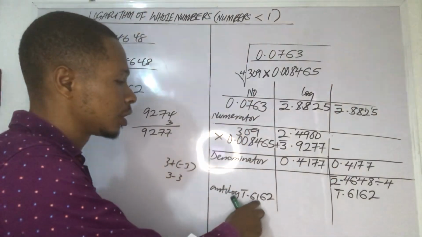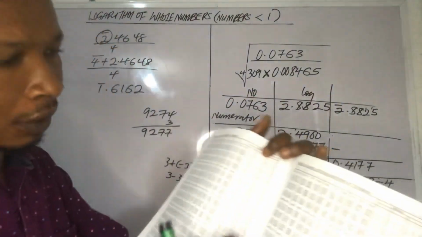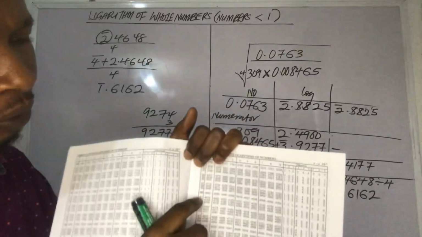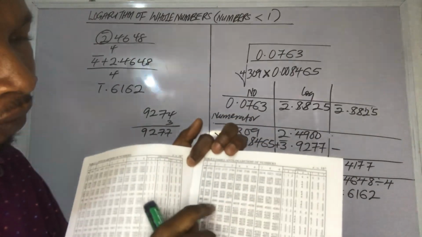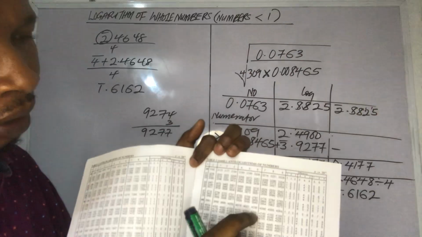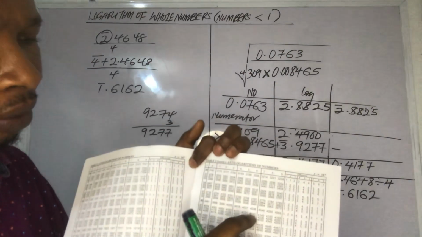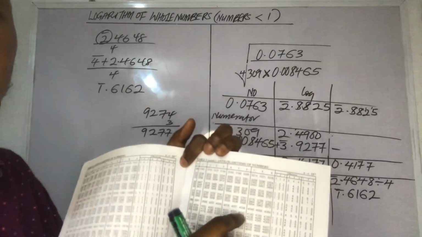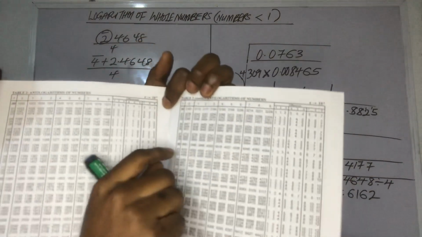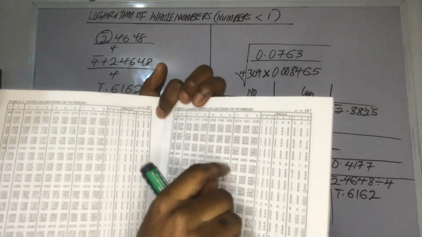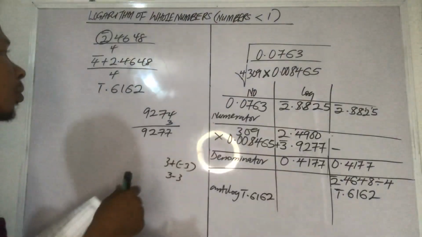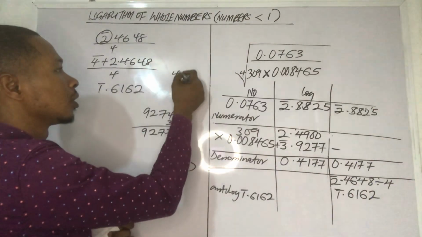So check 0.61 under 6 first. 0.61, this is 61, 0.61. Then under 6, that's 4130. So you have 61 under 6, 4130.